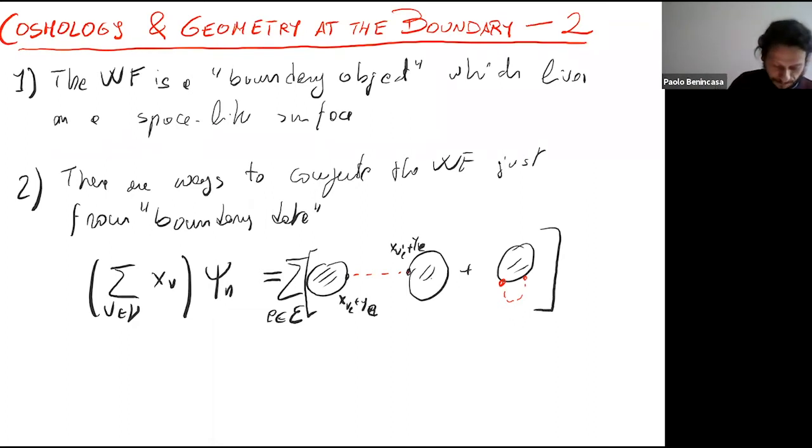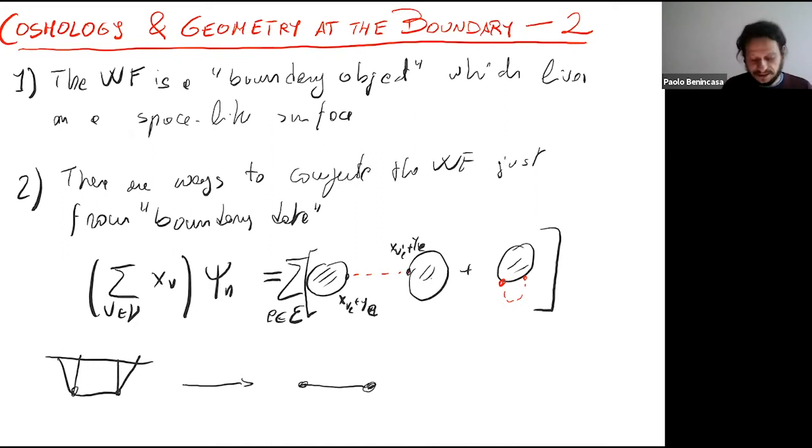For example, again, the simplest example is this 4-point graph, which can be mapped into this reduced graph, which is labeled on the vertices by the sum of the energies entering at each vertex, and then by the energy of the internal state, y, which labels the internal edge.